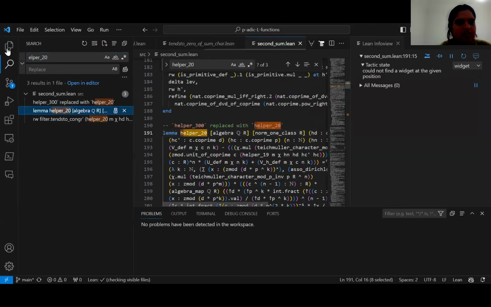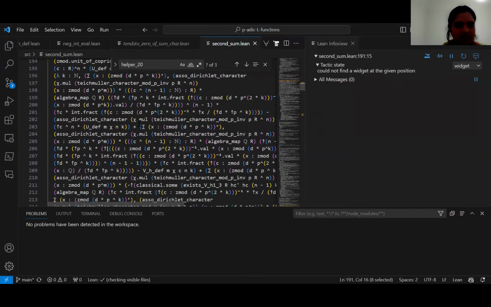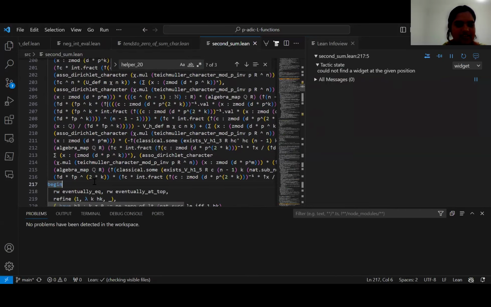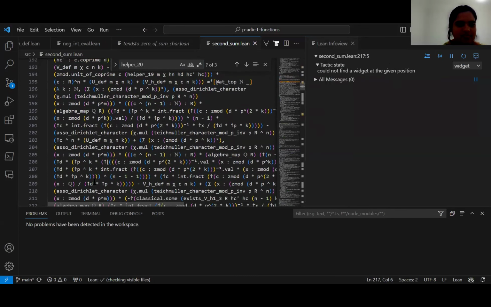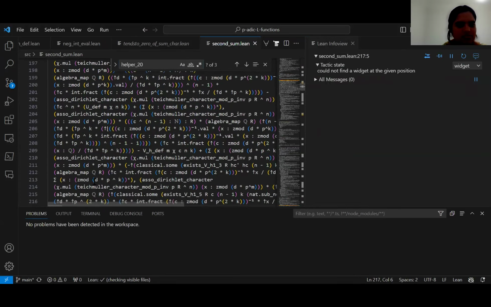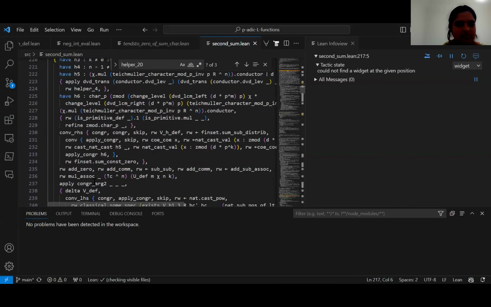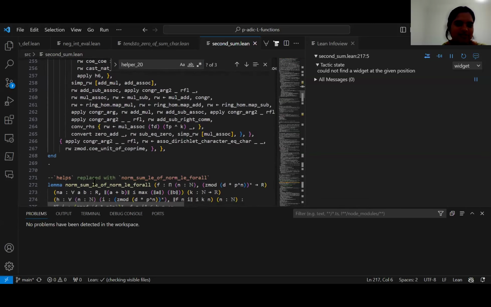Right. Okay. So this is the lemma, simply the statement of the lemma, which is more than 20 lines long. And proving this is not fun.